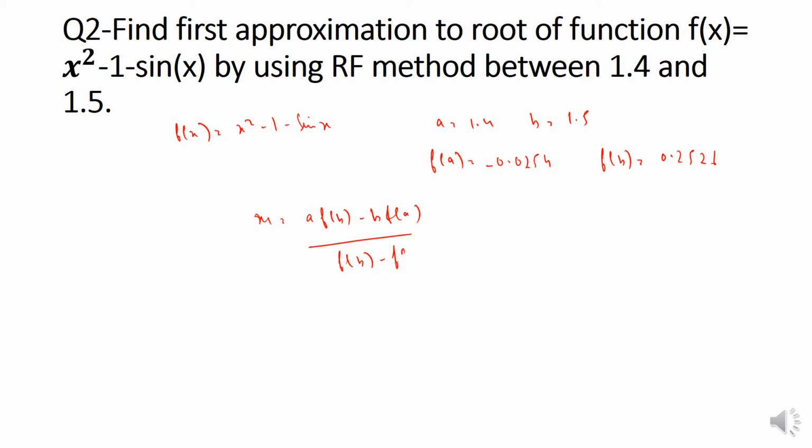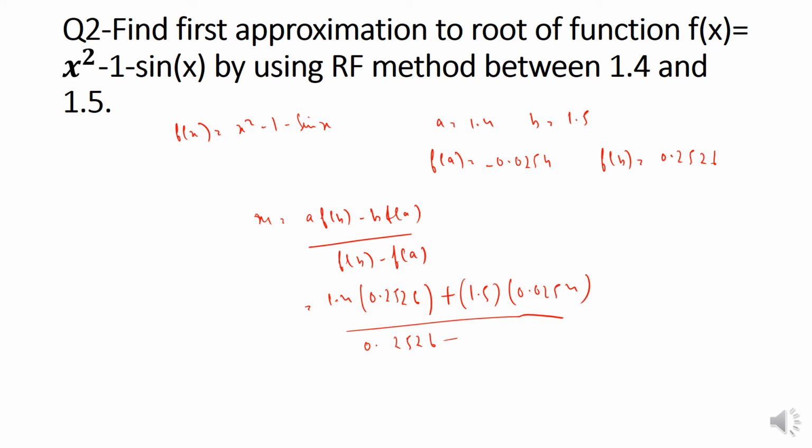Now x1 is equal to (a into f of b minus b into f of a) by (f of b minus f of a), that is equal to (1.4 into 0.2526 plus 1.5 into 0.0254) by (0.2526 plus 0.0254).